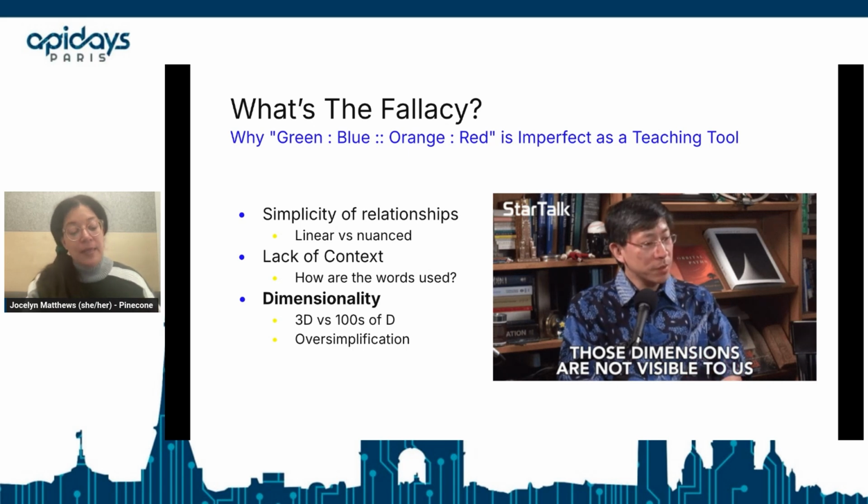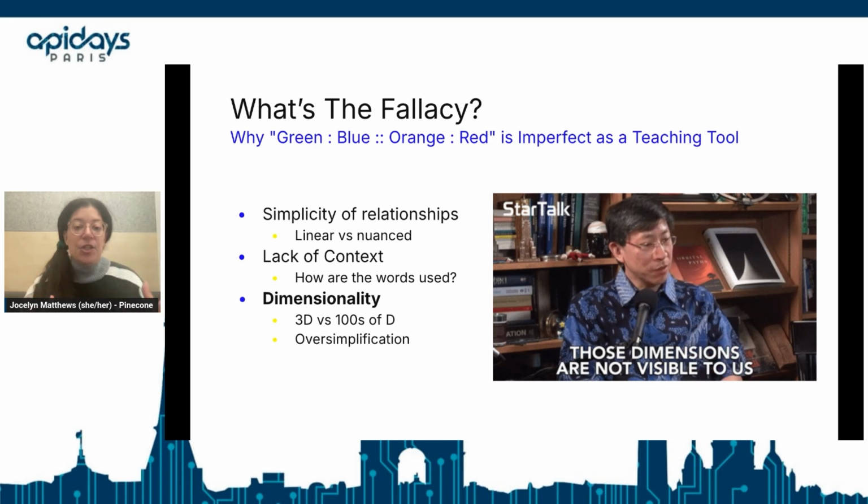So a 3D example might be a box of crayons. You can think that a box of crayons might have all of your colors. Similar colors when you first open the box are close together. Dissimilar colors are further apart. But word embeddings aren't existing in 2D or 3D. They're existing in high dimensional spaces.